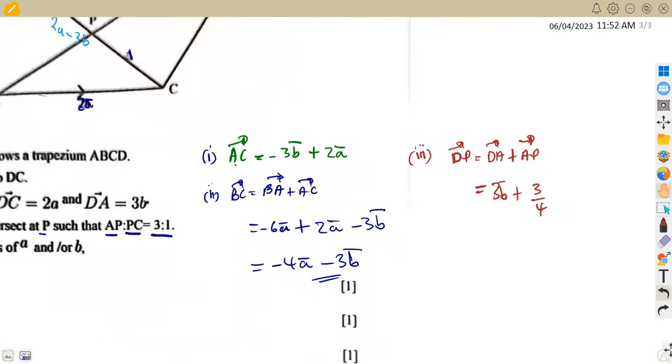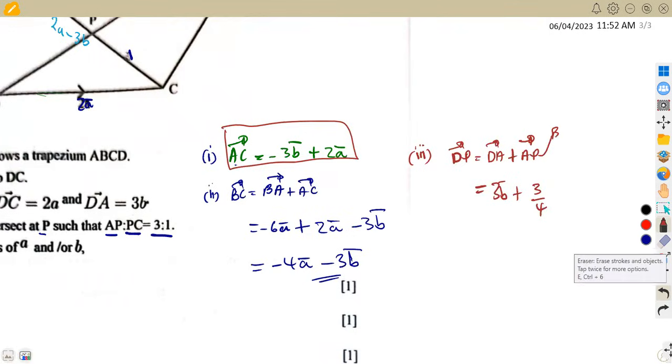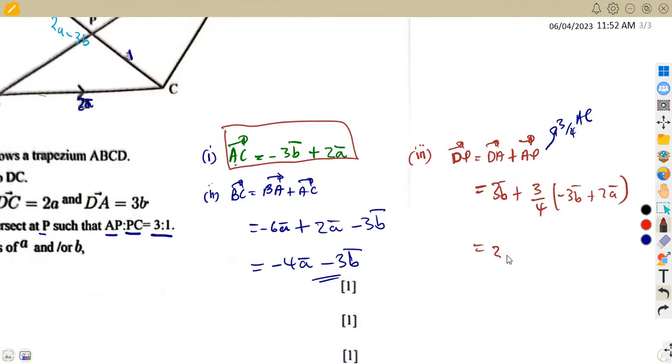So AP is 3 over 4 of AC, and this is our AC, which is negative 3B plus 2A. So you can just multiply. 3 over 4 times negative 3B, that's negative 9 over 4B. 3 over 4 times a positive 2, that will be positive 3 over 2A. So you're going to have positive 3 over 2A.